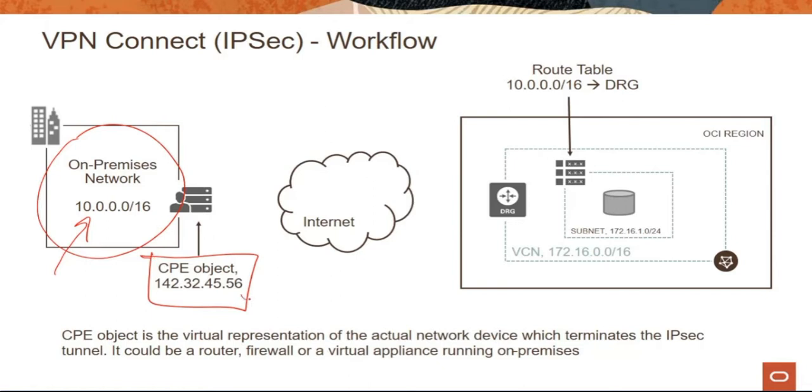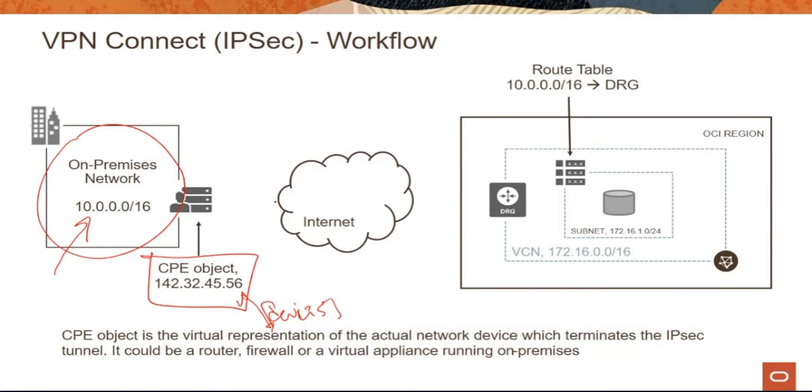And you have a long list of devices available on our documentation page, and the configuration for those supported devices. So there's a good chance whatever devices you are running today would be supported by the OCI VPN Connect service.